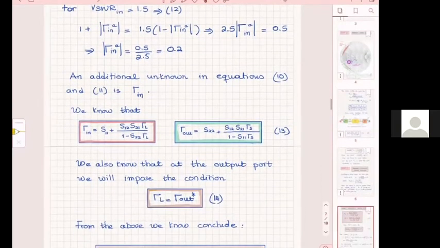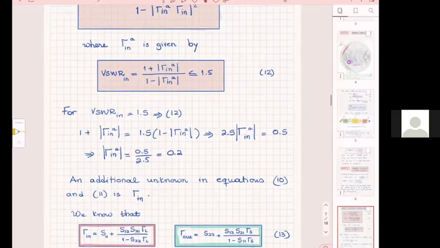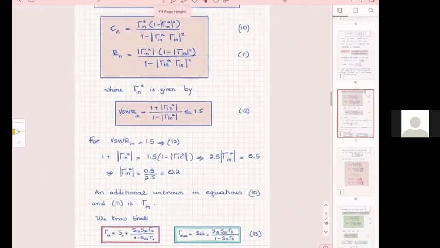Now, I would like at this point to remind you of a few things. All right. What I would like to remind you, and I have put all of this together a little later, is the following. If you observe the expression for the center of this VSWR circle for the input port, look at this expression. It has in there two things, gamma in alpha, which is given to us from the maximum VSWR.